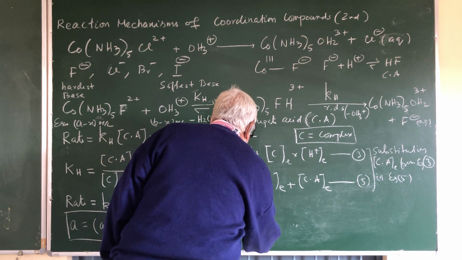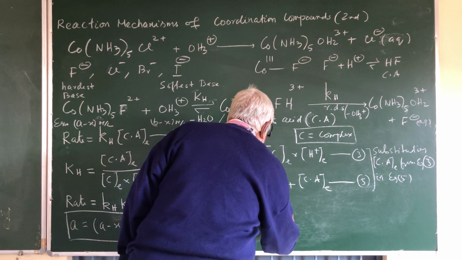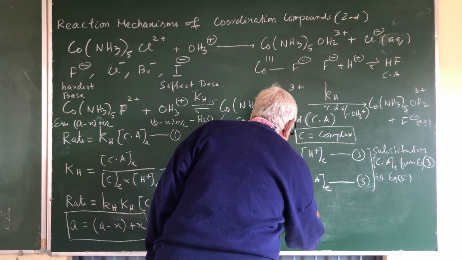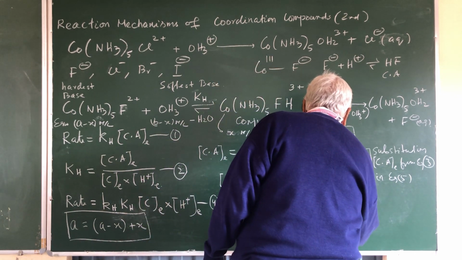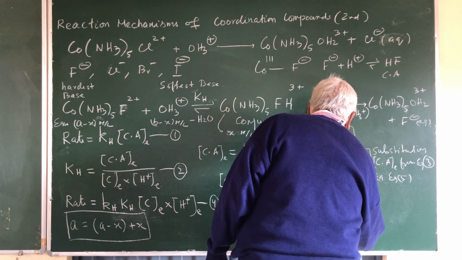Complex total is equal to complex equilibrium plus KH into complex equilibrium into hydrogen ion equilibrium.